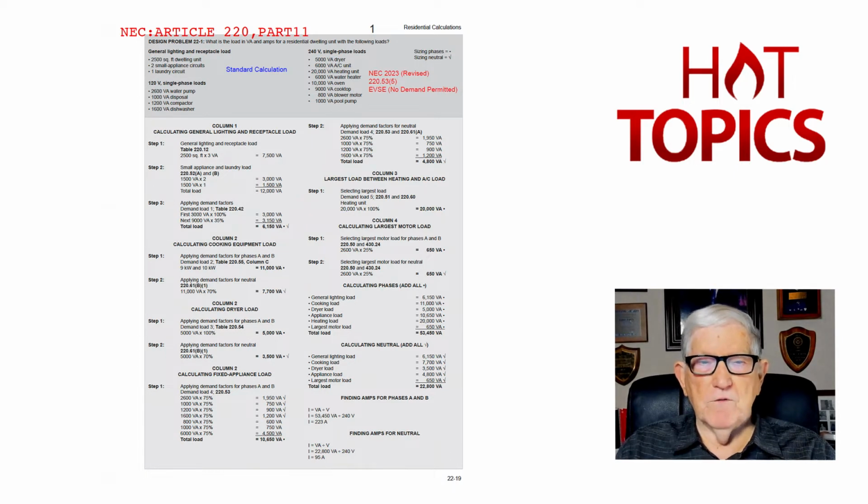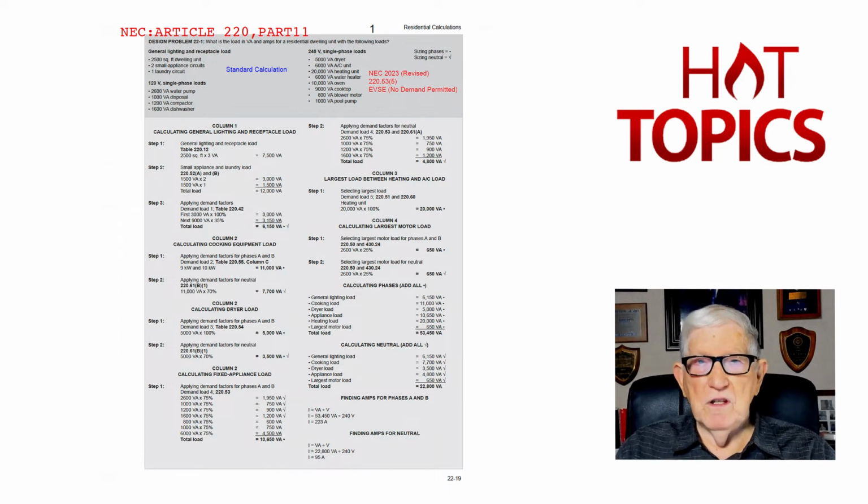So we take the first 3,000 of the 12,000 at 100%, giving us 3,000. Then 3,000 from 12,000 would leave you 9,000 at 35%, 3,150. Total, 6,150 VA. Now in step 2, we're going to calculate the cooking equipment.